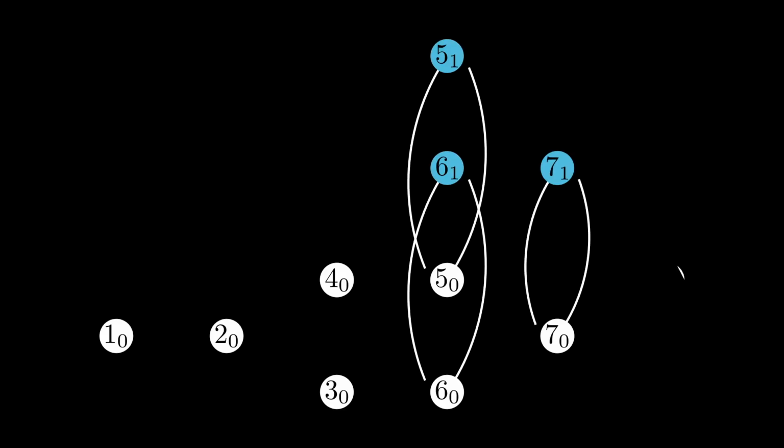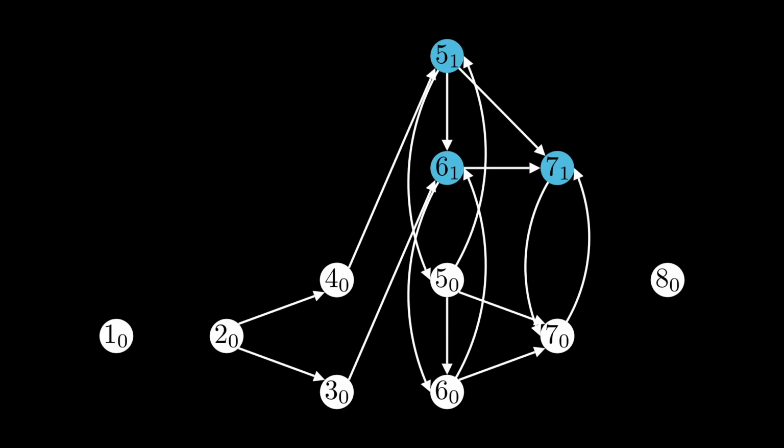Based on these distances, we construct an auxiliary graph H, which contains different layers of vertices. The blue vertices are one layer and the white vertices are another. The number of layers in the auxiliary graph depends on the number of hops used in the supersource distances, but for this example there are only 2 layers.